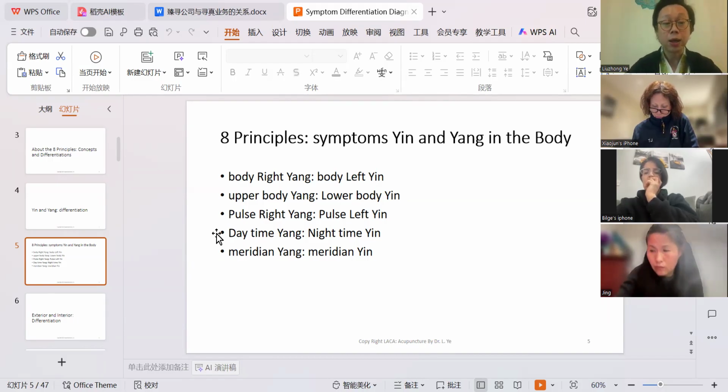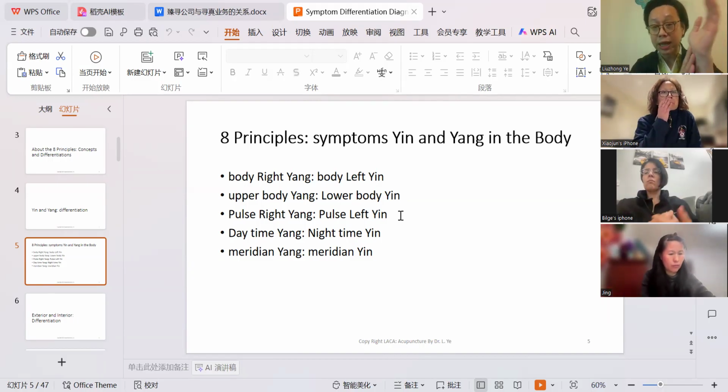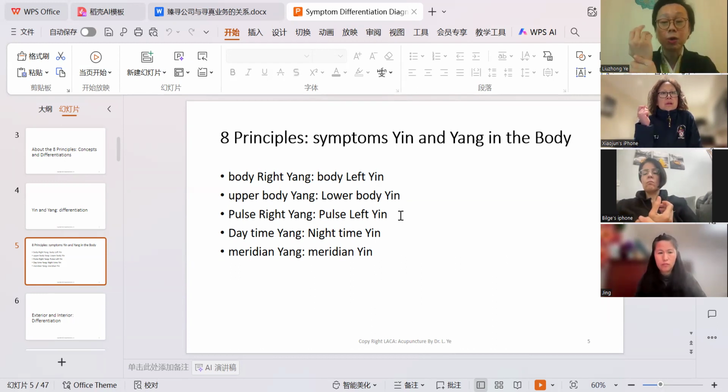Okay. And then pulse right yang, pulse left yin. The same thing with the body associations. So when you touch on your left pulse, that normally indicates the blood and yin conditions, and when you touch on your right side, it's indicating more qi and yang issues.